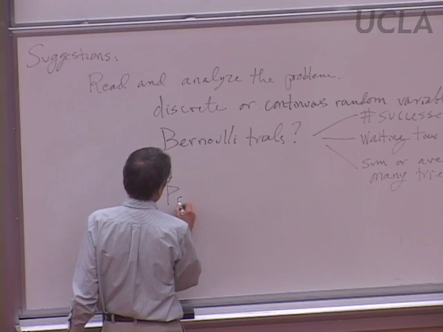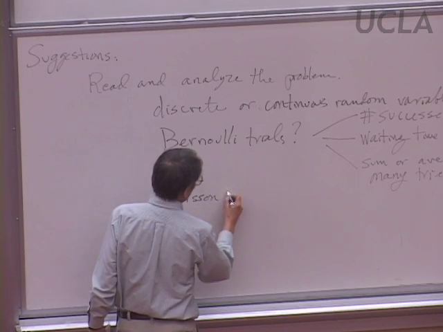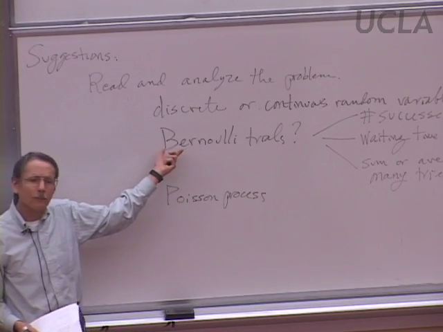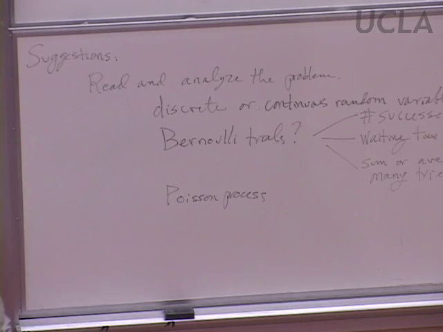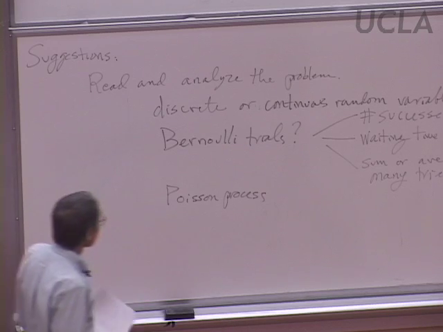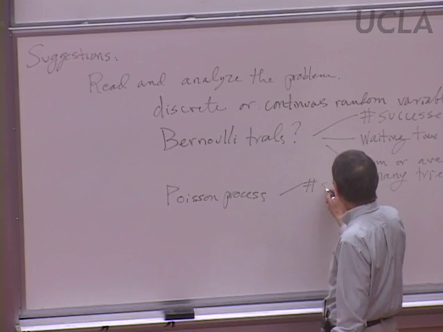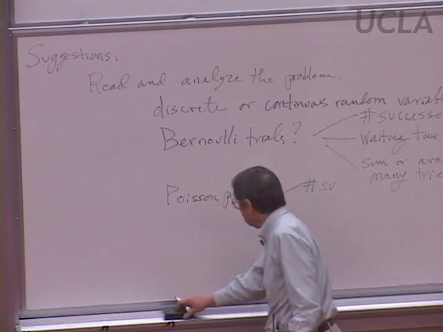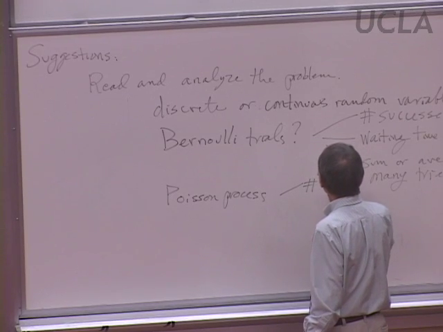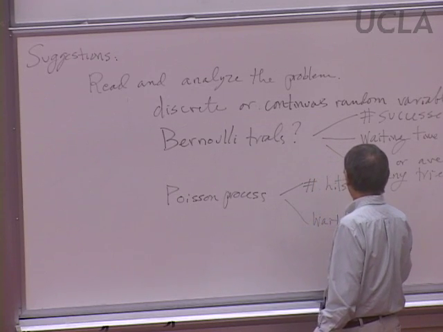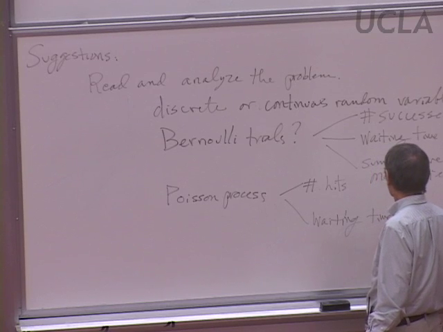Or perhaps is it describing a Poisson process? Well, the word Bernoulli, the word Poisson may not occur in the problem, but we know how to recognize these situations. If it's a Poisson process, what random variable do we want to apply? Is it counting the number of hits? Is it perhaps the waiting time for the first hit?